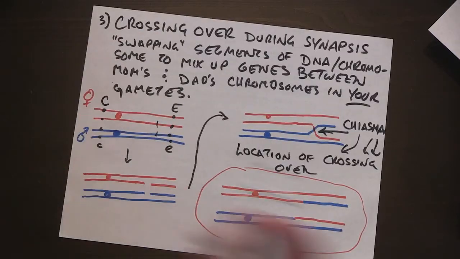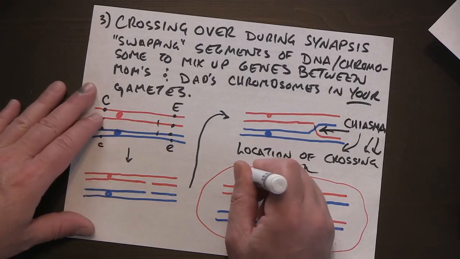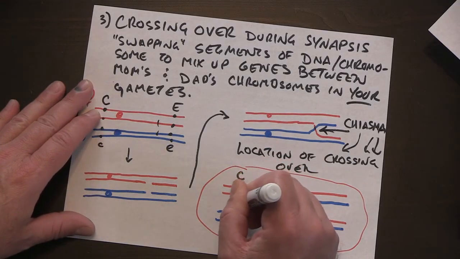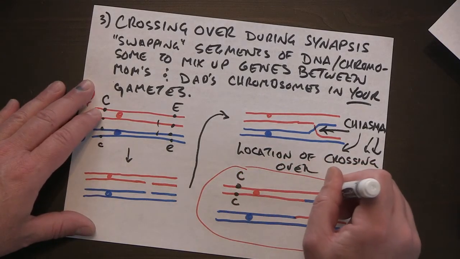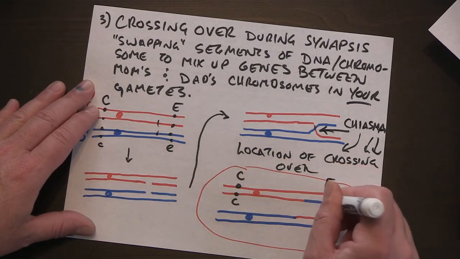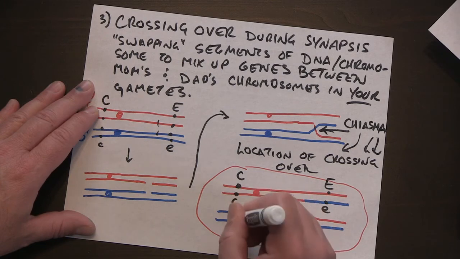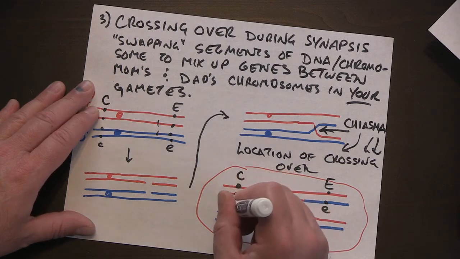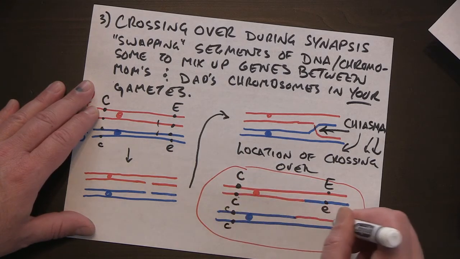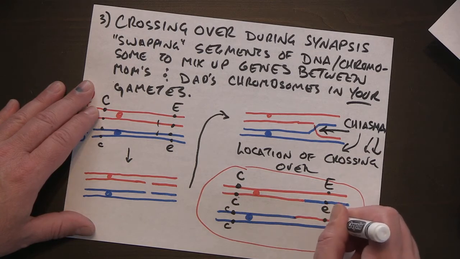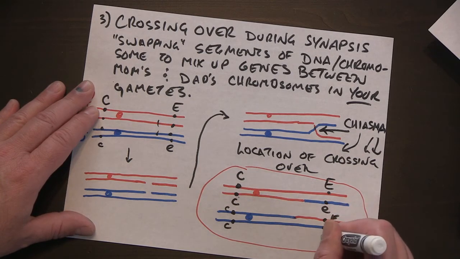And now, if we look at this again, we've got big C, big E, and now we've got dad's little e on that chromosome. And then down here, that's a big C. This is little c, big E, little e.